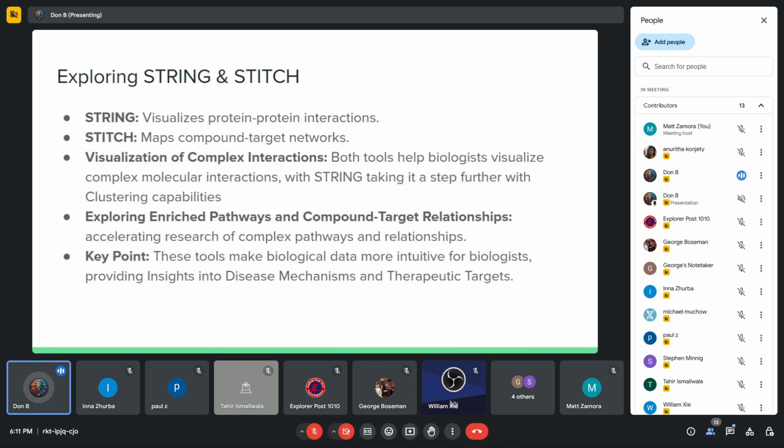And so as I said, the important thing to me is it's all about making biological data more intuitive for biologists and providing insights into disease mechanisms and therapeutic targets.